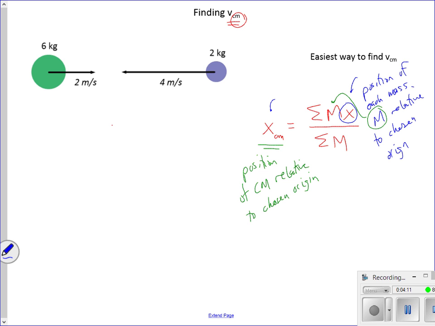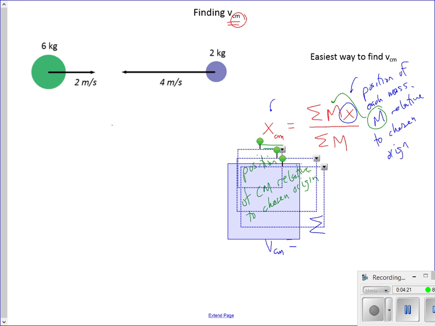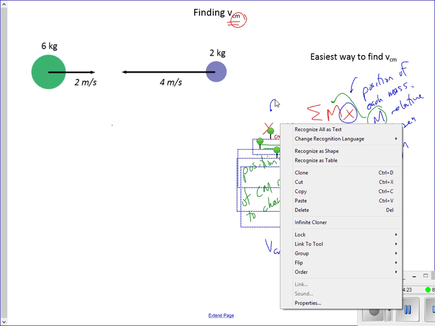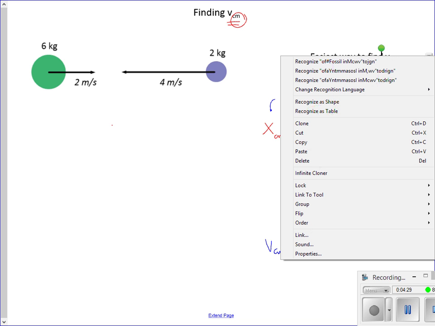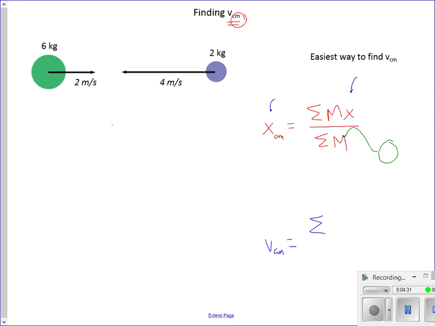But what I want is the velocity of the center of mass. I'm going to ditch this stuff just to get it out of the way.